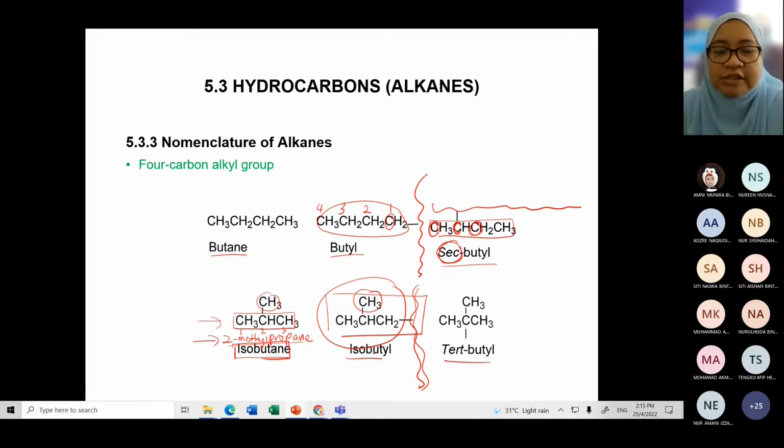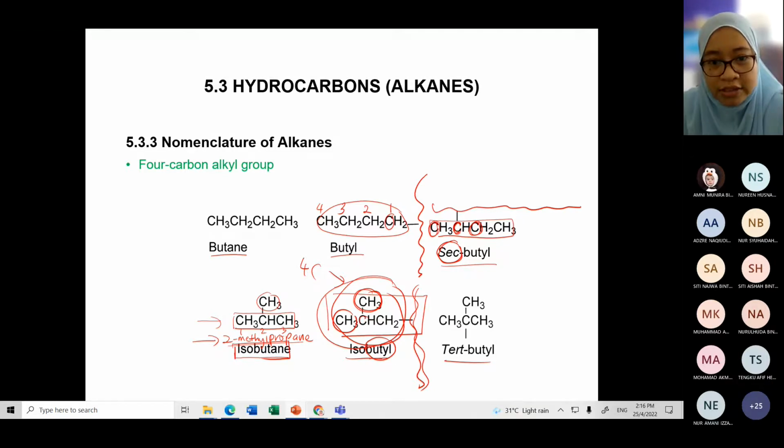So this is isobutyl. Again, why is it called iso? Because we have 2 methyl groups attached to the second carbon of butyl. It is called butyl because in total we have 4 carbons.